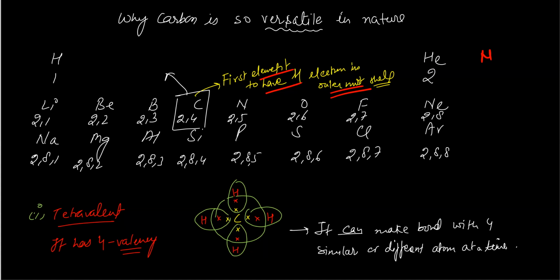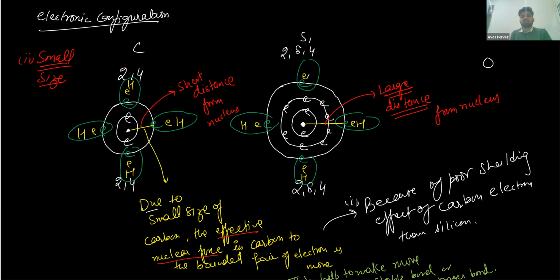Understood? Yes, sir. The second reason is that carbon is small in size. What does small size do for you? Due to small size, the effective nuclear force on a bonded pair of electrons is more. For example, this atom has the nucleus in the center and 4 electrons in the outermost shell. This is the carbon atom. Another atom is silicon.